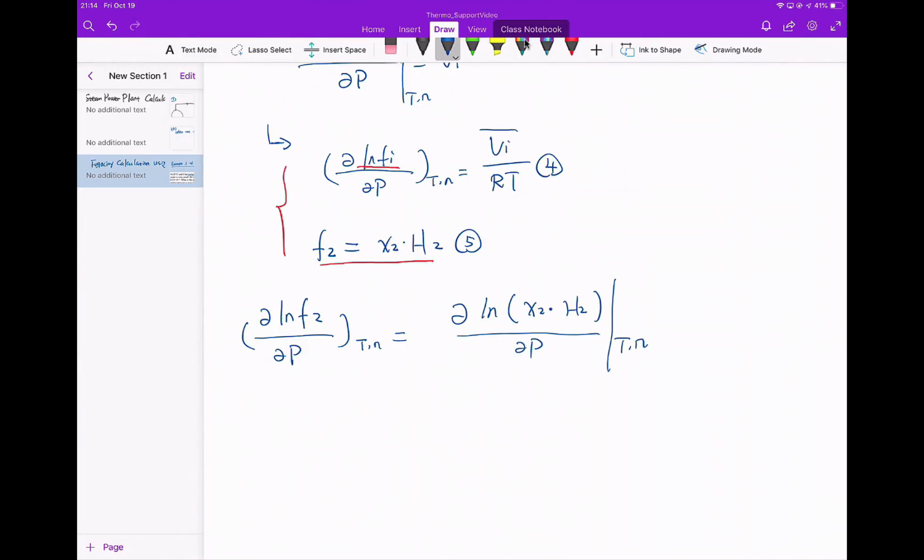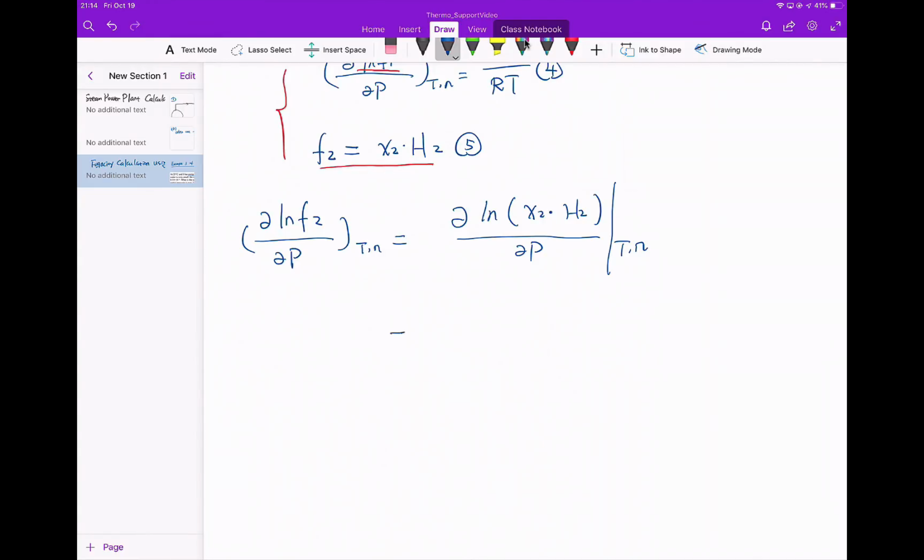Then we try to separate the two terms. This is partial log X2 over dP at T and composition, plus partial log H2 over dP at T and composition.